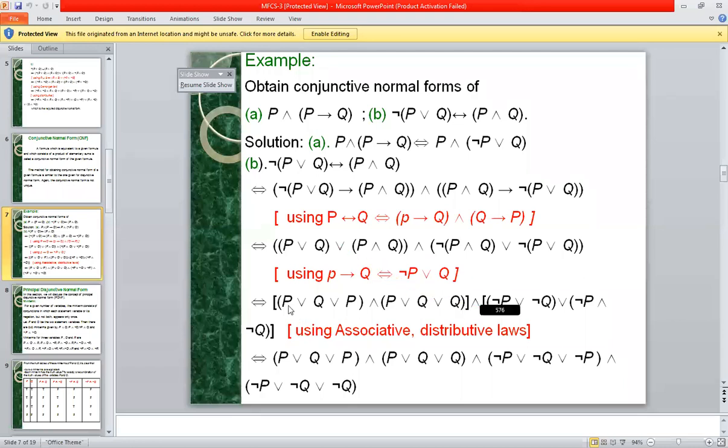Here we apply the distributive law and associative law.